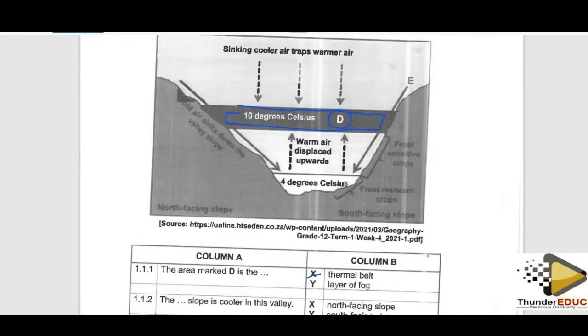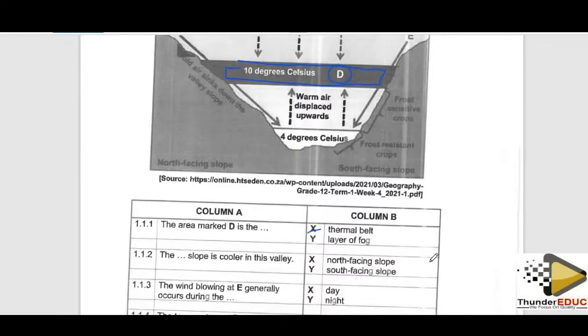Thermal belt for the first question. So we take X because, why a thermal belt? Because we know at this point, temperatures increase with height, or it is a warmer area. And that is, if it does happen in the valley, that would be the thermal belt. All right, number 1.1.2, they say the slope is cooler in this valley.